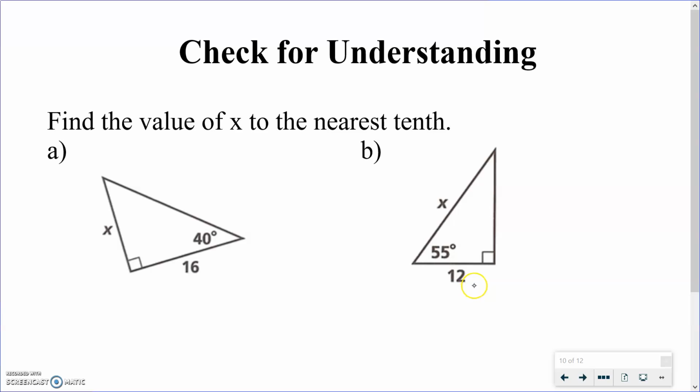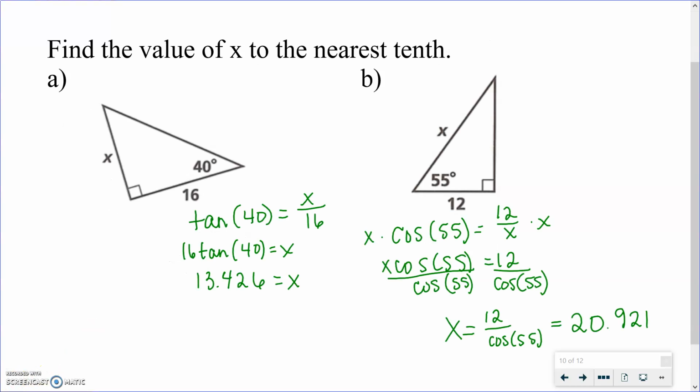All right, pause this now and try both of these. Try and find the values for x here, and then I'll put the answers up in just 1 second. Okay, here are the answers for these.